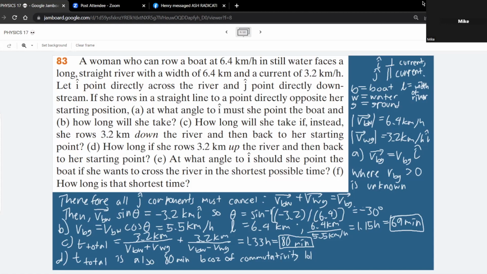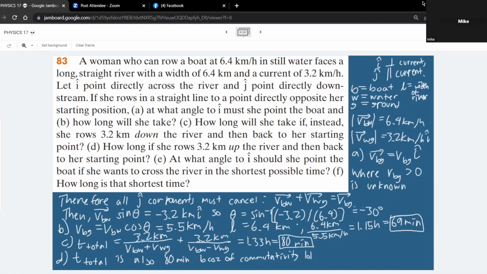So how is the velocity of the boat related to the velocity of the water and the velocity of the boat with respect to the water?